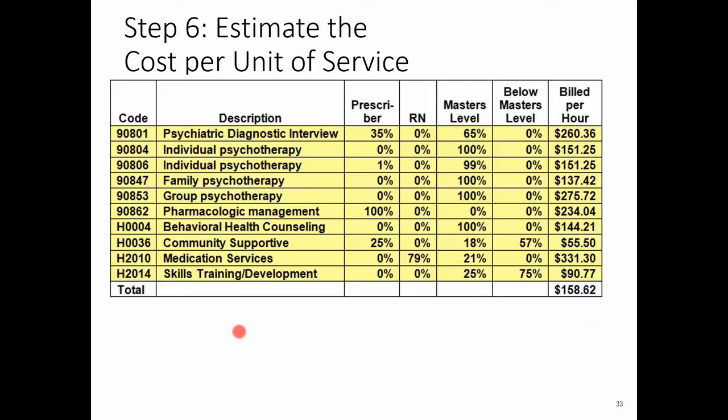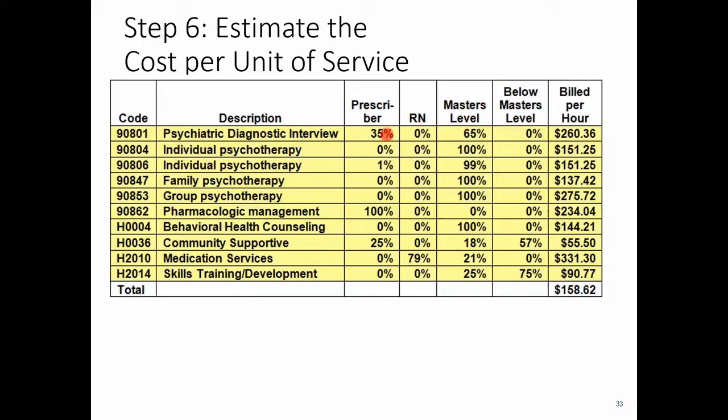Now, the other part of estimating the cost per unit of service is, so here I have 10 different service codes, and we know that the biggest variable in the cost per service is who's doing the service. So one of the things that will be important to do your pricing, and I'm giving everybody more than just a very small homework assignment, is to say for this service code, what percentage of that work is done by prescribers, by master's level clinicians, for each code.